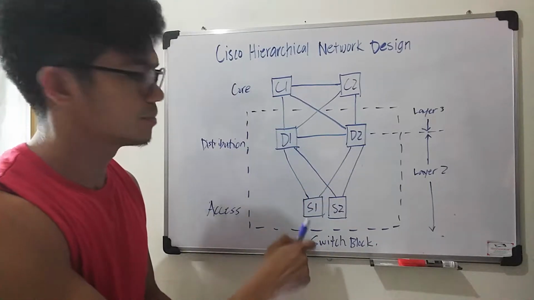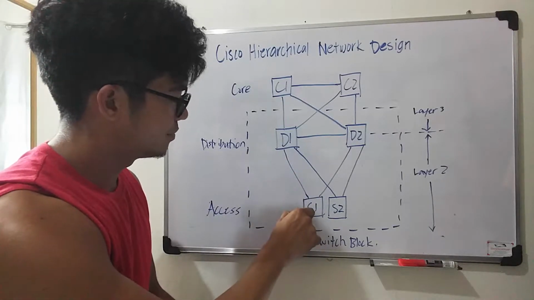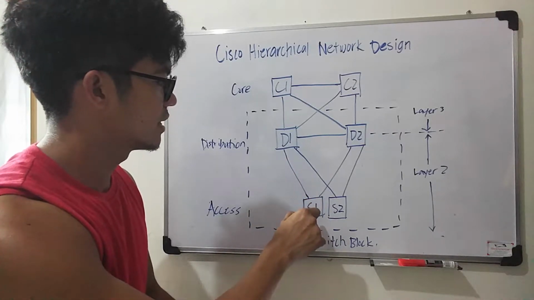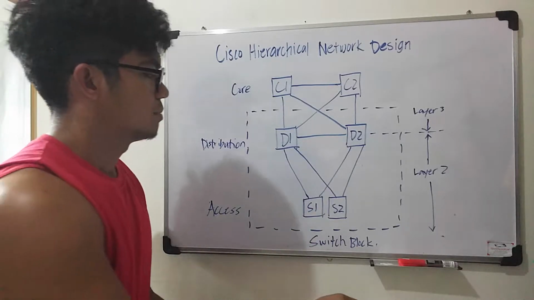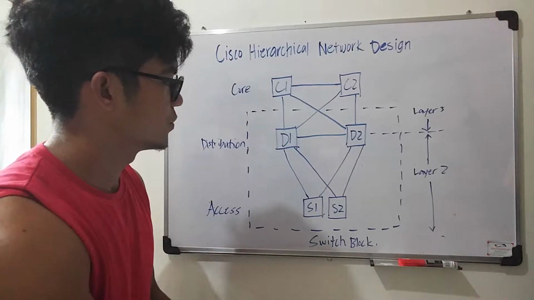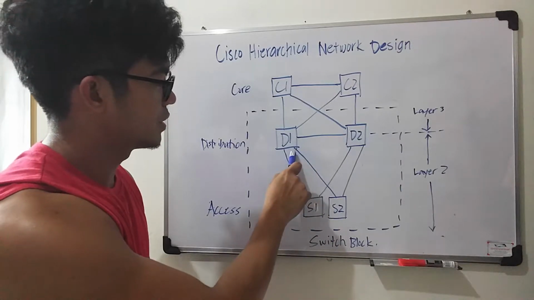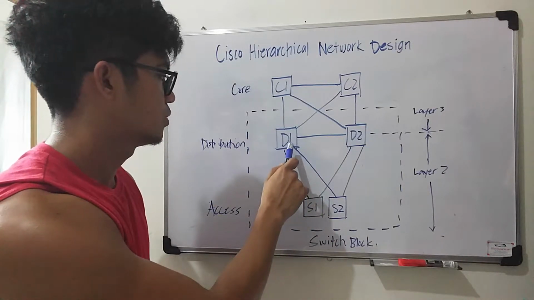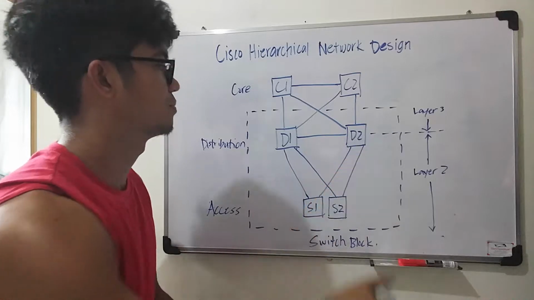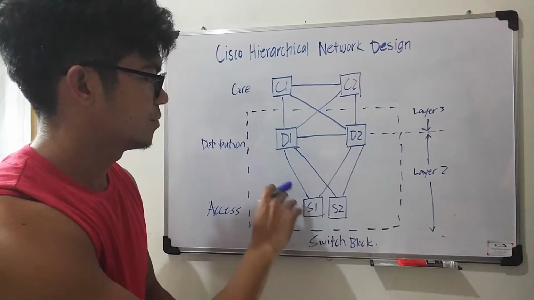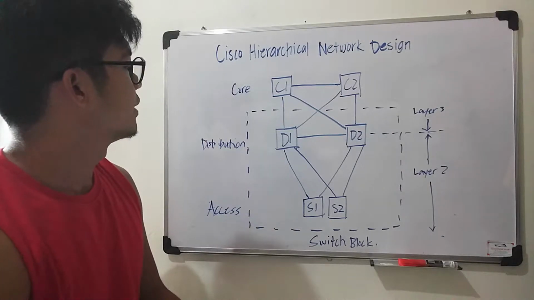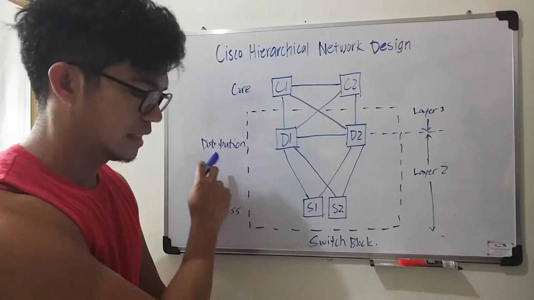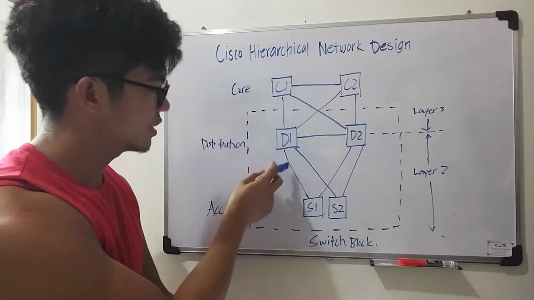So in this case, we have two switches that have connections both to distribution switch 1 and distribution switch 2. So this is for redundancy purposes.